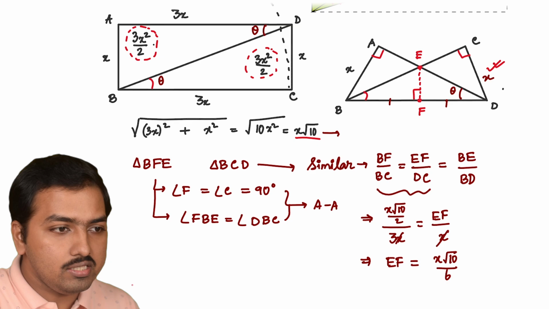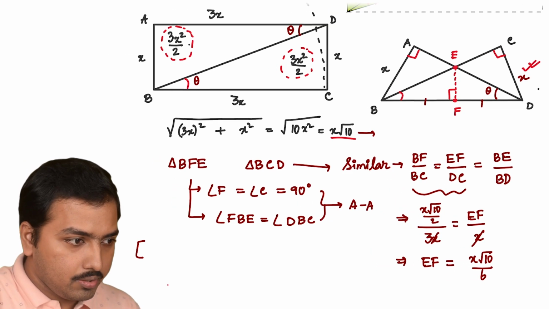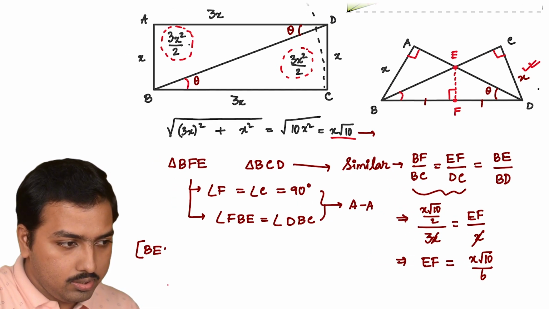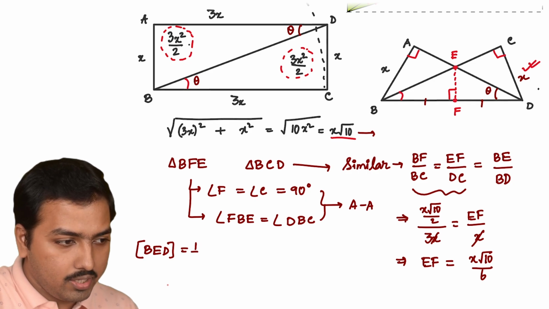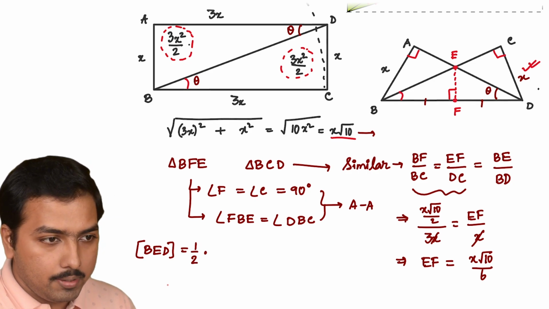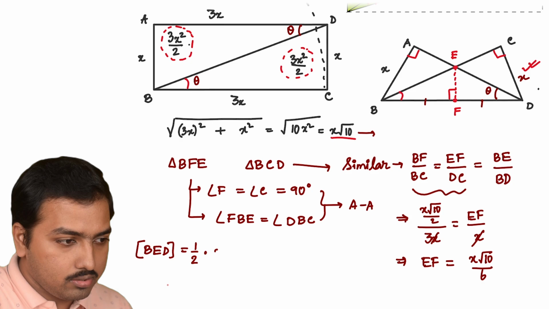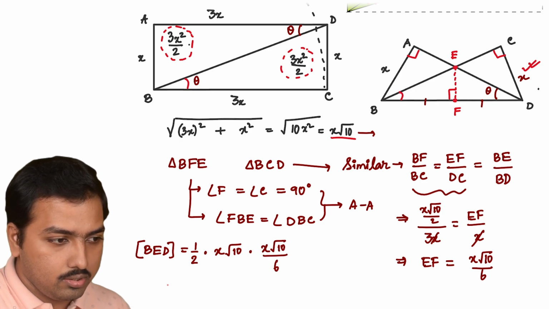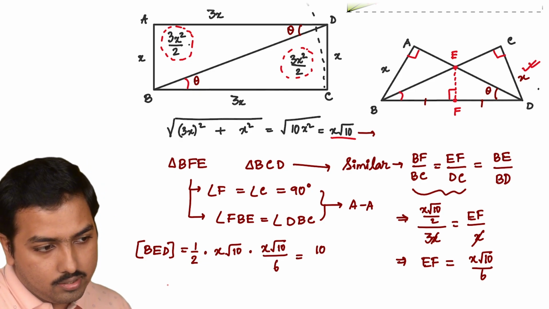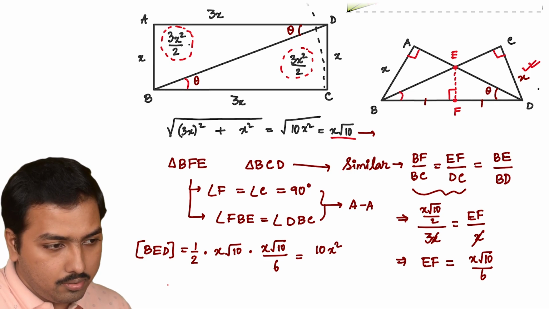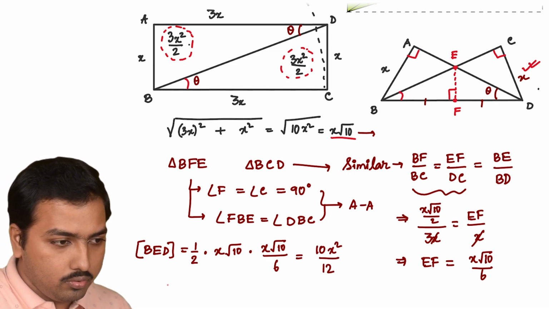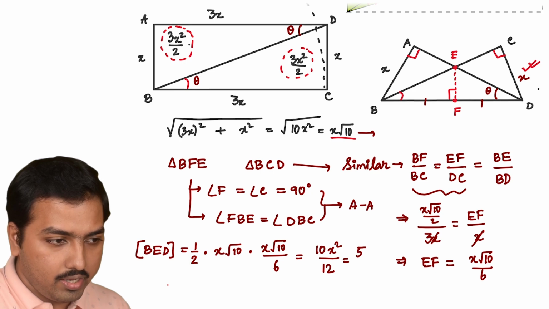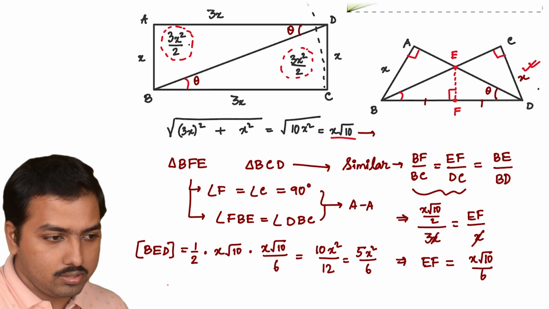Now we can easily find the area of BED, which is half times base BD, x root 10, times the height EF, which is x root 10 by 6. We end up at 10x squared upon 12, which is 5x squared upon 6.